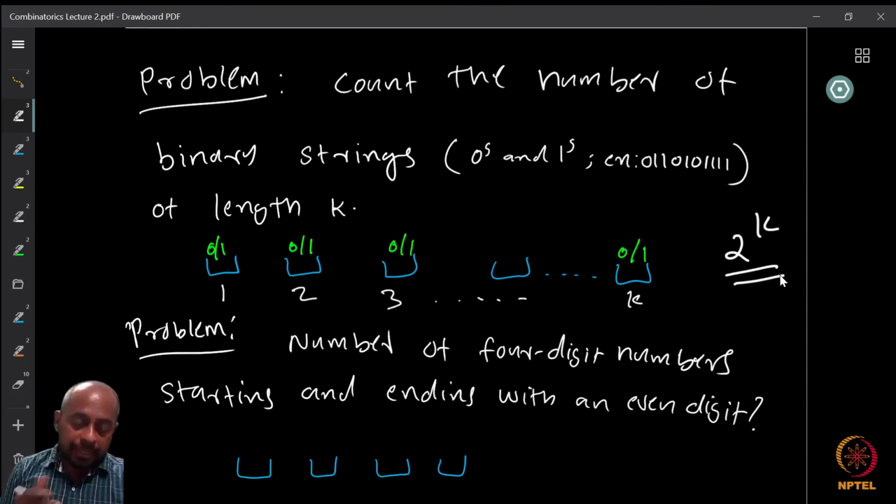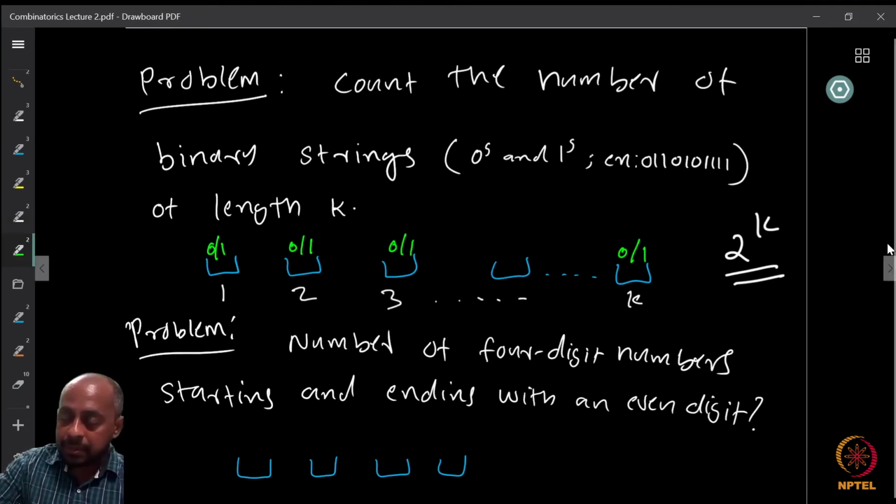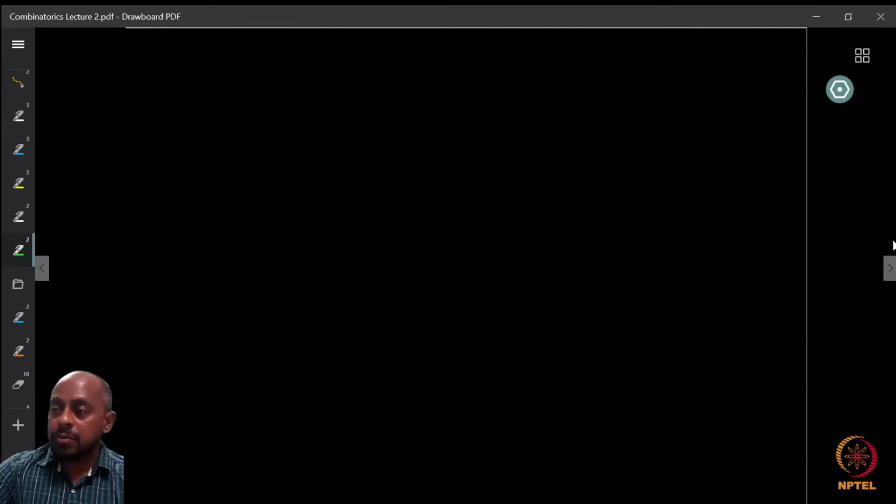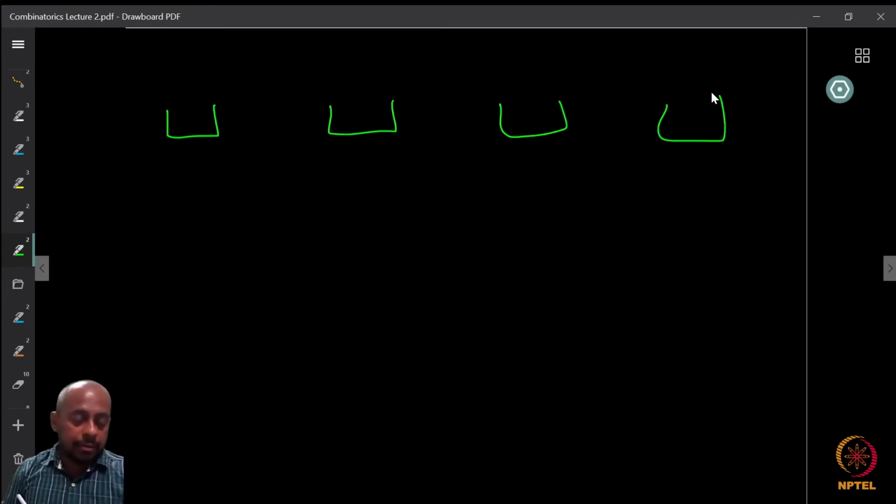So we have 4-digit numbers, and they must start and end with an even digit. So this puts some restrictions on what are the possible numbers that you can use, right? For example, let us say that you have the 4 positions here, right?